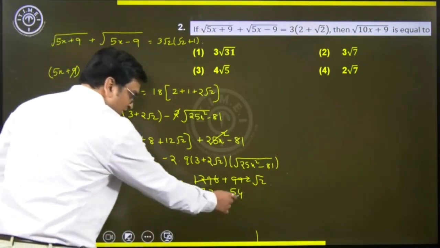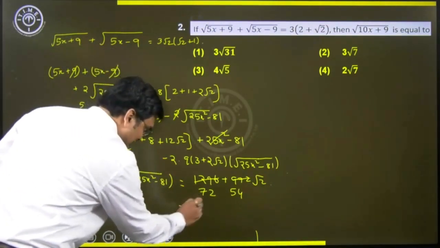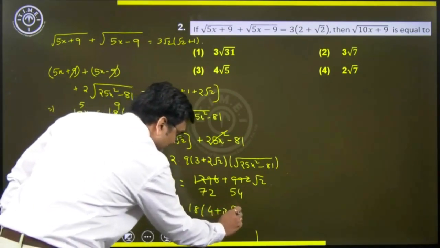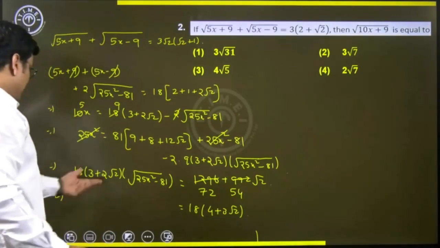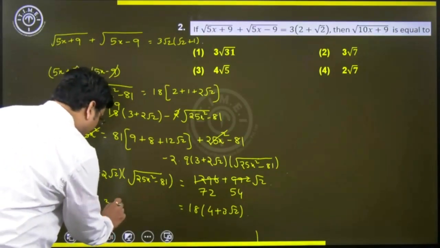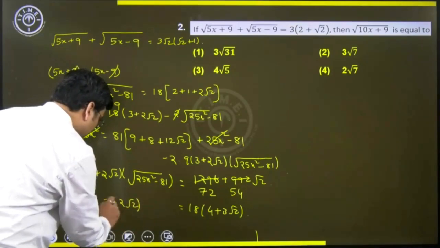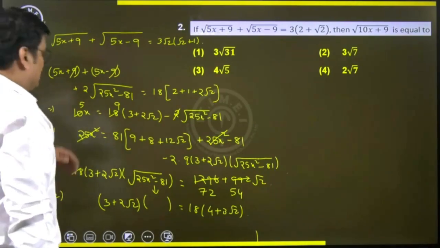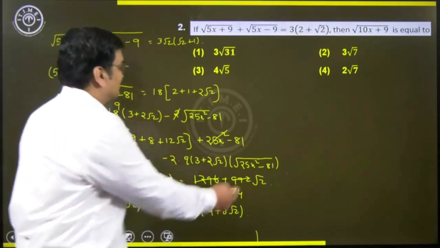Now I can take out 18 common again from this right hand side. I'll be left with 18 into 4 plus 3 root 2, and here I'll be left with 3 plus 2 root 2 into this entire expression as it is. Okay, let's continue here.